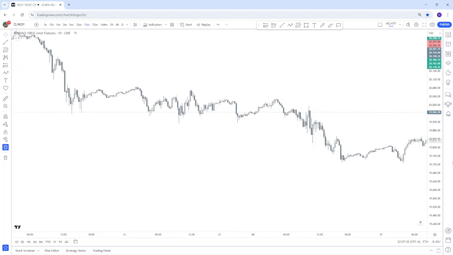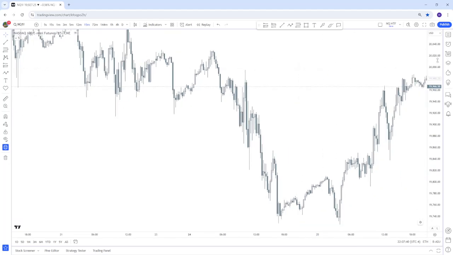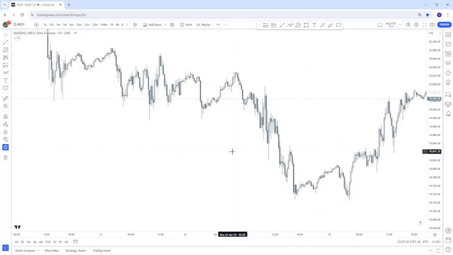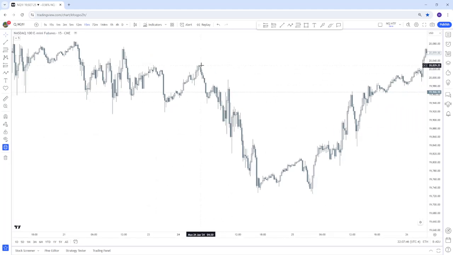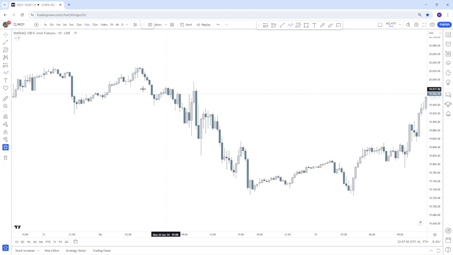So here we have the 15-minute chart, and you can clearly see, any kid can see, that we're starting to trend down. Especially here, we have a series of lower lows, lower high, lower low. So let me show you like this.